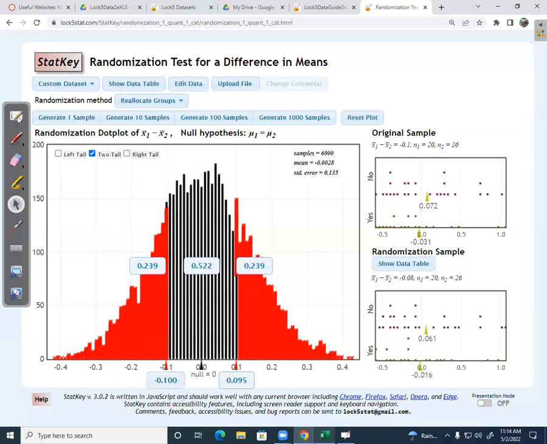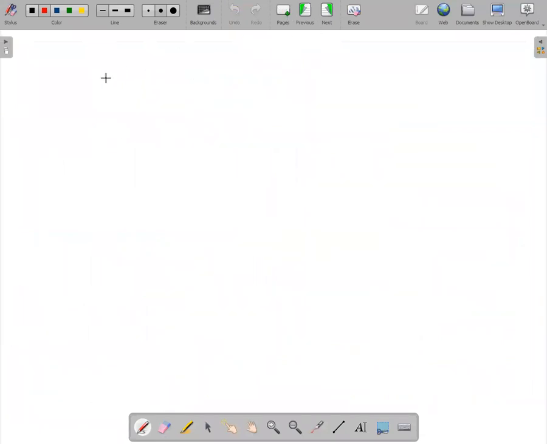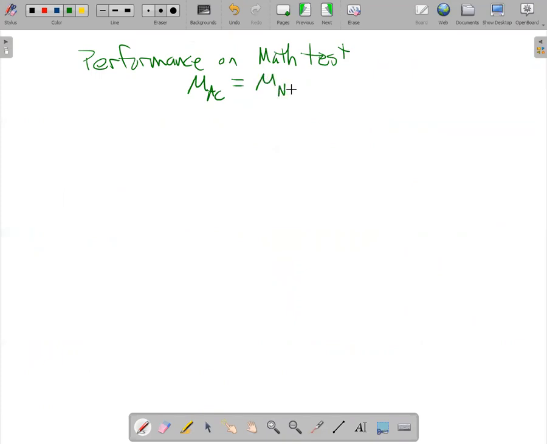All right, so then do my best sketch of this situation. New page. So this is performance on math test. And we had mu AC equals mu no AC.